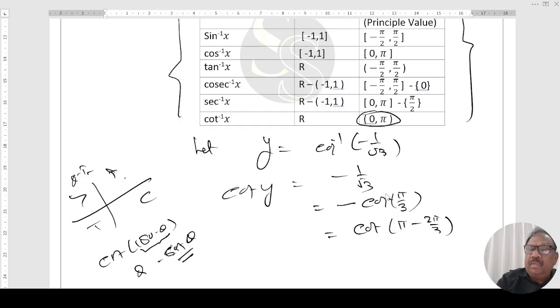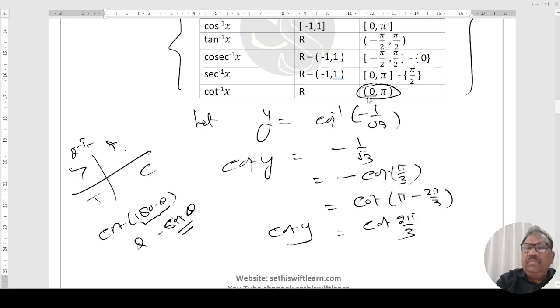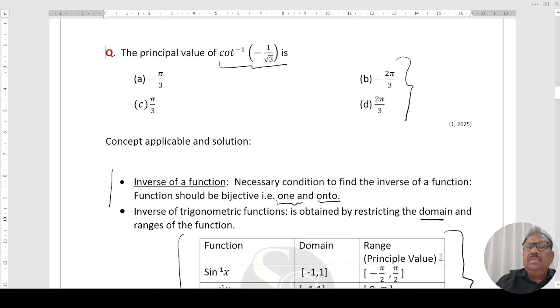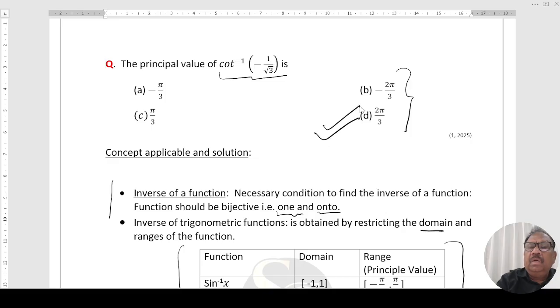If we go back, we get this. So that comes out to cot of 2 pi by 3. Cot of y equals cot 2 pi by 3. Now check 0 to pi and 2 pi by 3. 2 pi by 3 is in between 0 to pi. Therefore, y equals 2 pi by 3. The correct answer is option B.